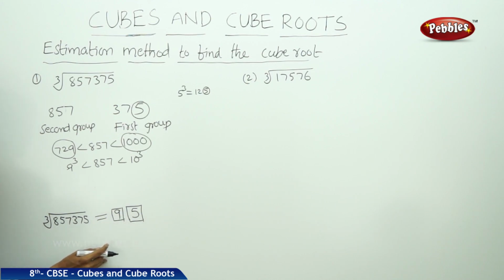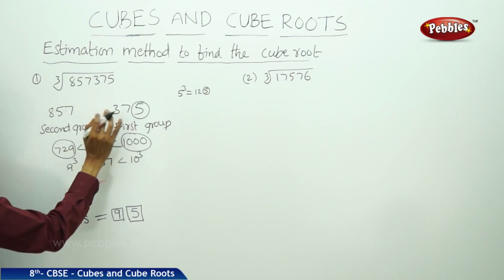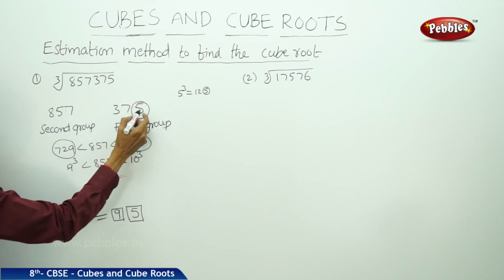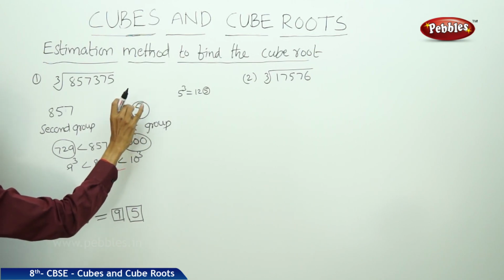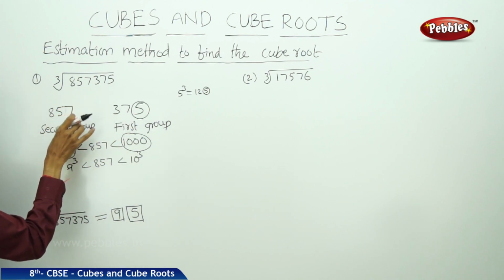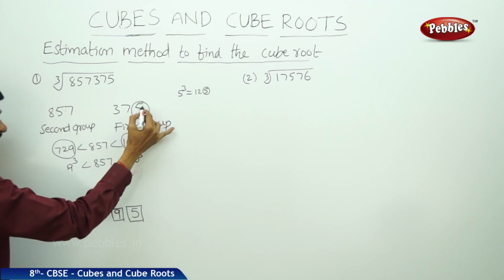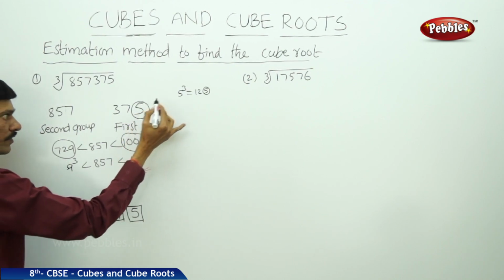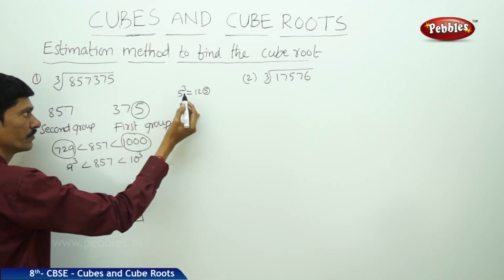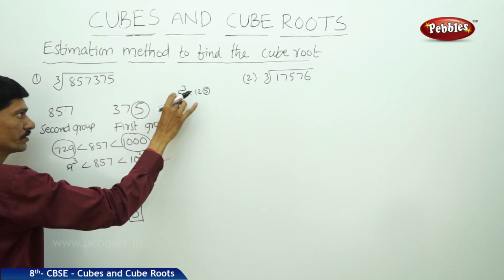So once again I repeat, first you have to divide the given number into two groups such that, from the right side, the first group consists of 3 digits, 5, 7, 3, and the remaining digits are in the second group. Now consider the first group. The units place of the first group is 5. So when the cube ends with 5, its cube root also ends with 5.